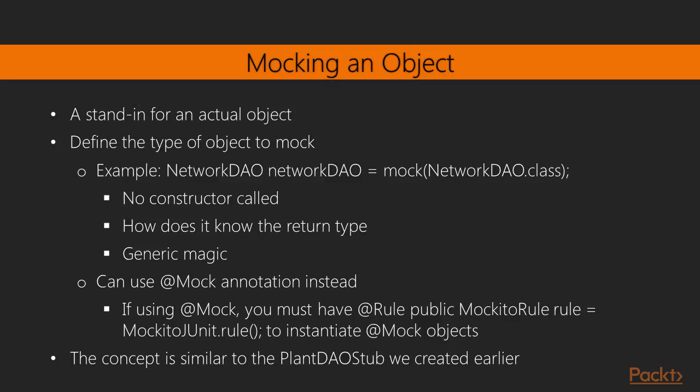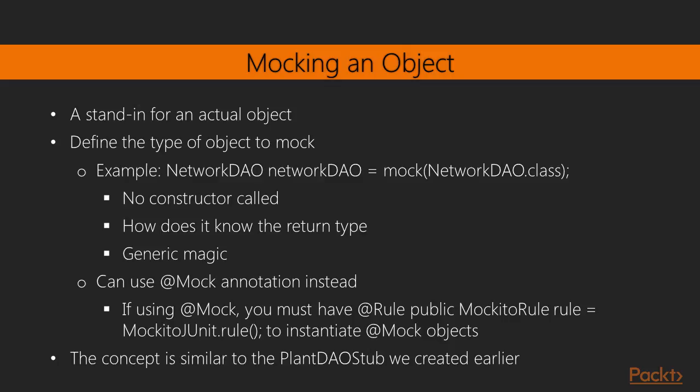Essentially, we're passing a type into the mock method as a parameter, and that type is a generic identifier that tells the mock method what to return. Mockito creates an object that is of type network DAO, but essentially it's undefined. The methods are not defined. We have an opportunity to define what these methods do in a predictable manner, and that is the definition of mocking an object to remove a dependency from a class that we are testing.